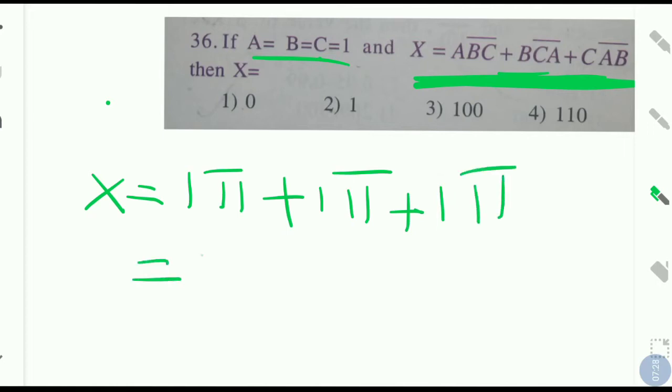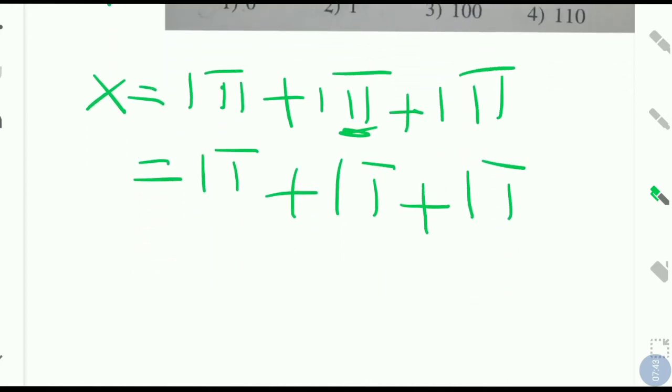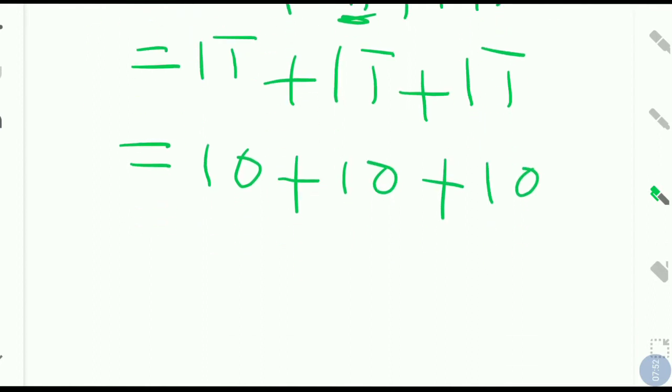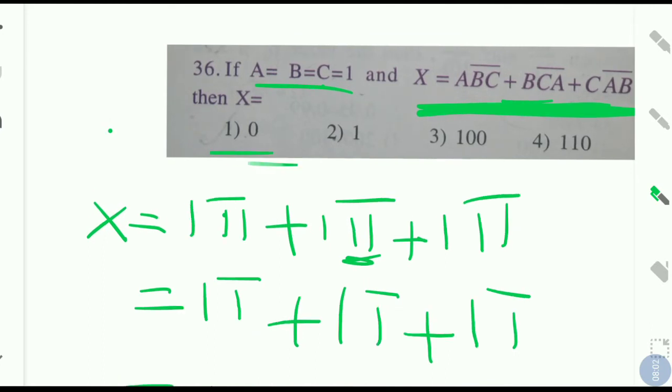So 1 complement is 0, plus 1 complement is 0. So 0 plus 0 plus 0, then X is equal to 0. Check the options. The first one is the right answer.